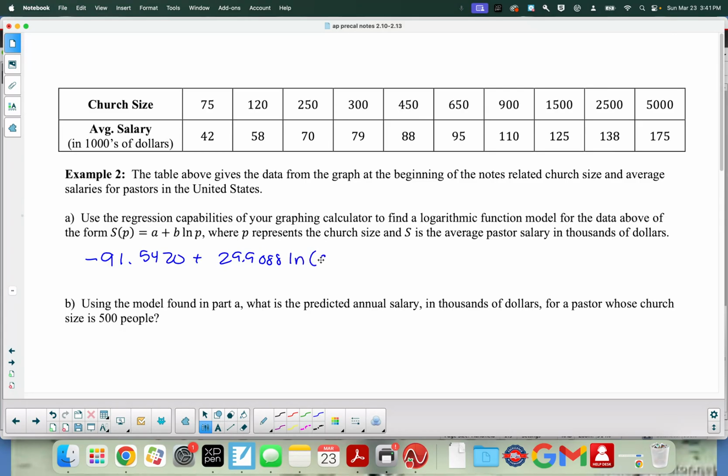So the natural log of church size equals the, hopefully you remember the word, predicted average salary. Because that's what we are actually trying to predict, the average salary of a pastor based on the size of their church. So the church is 500 people, so we're going to substitute in 500.